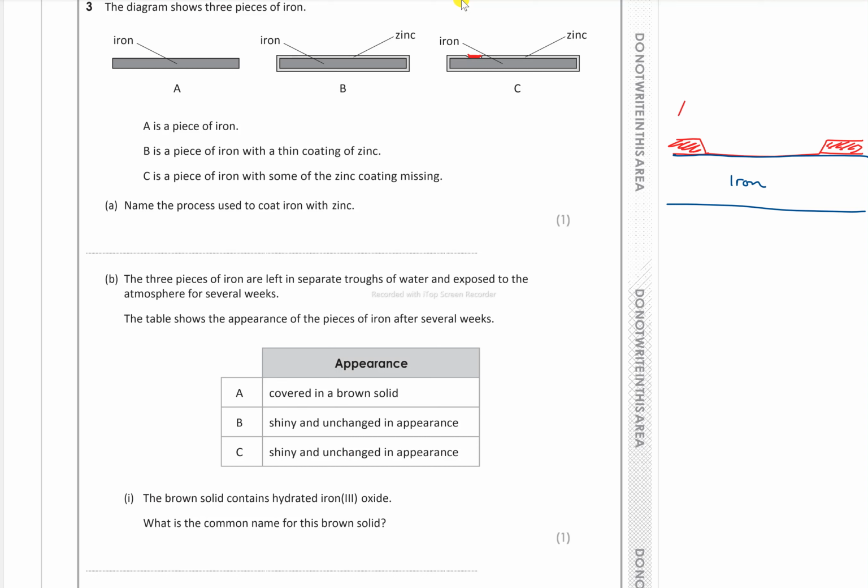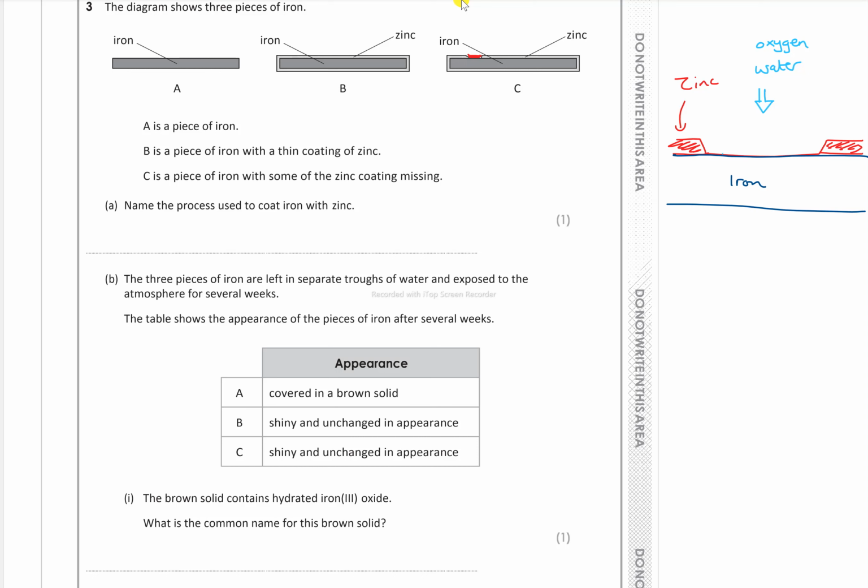This is zinc. Now what happens is water and oxygen can get in.